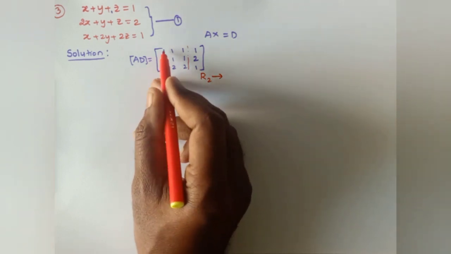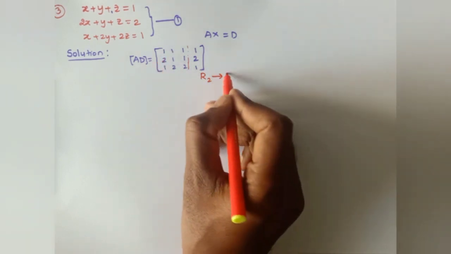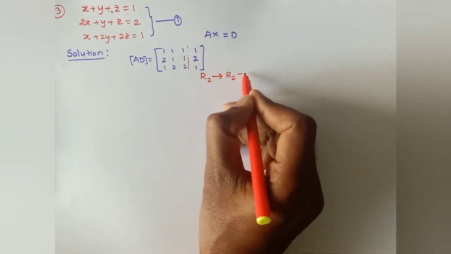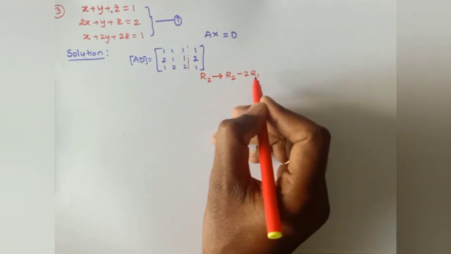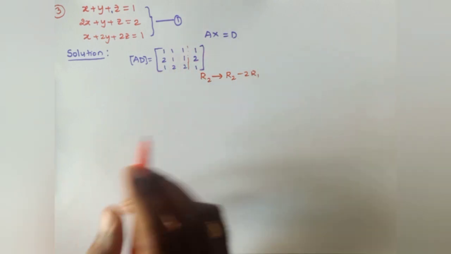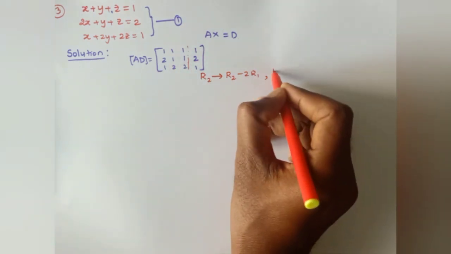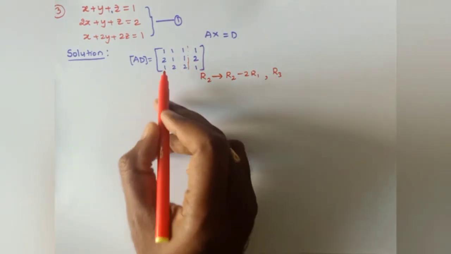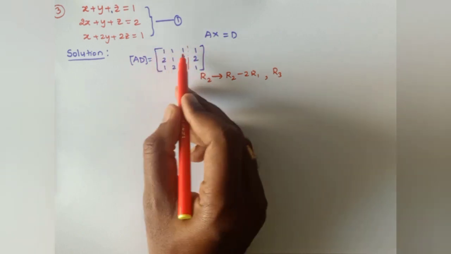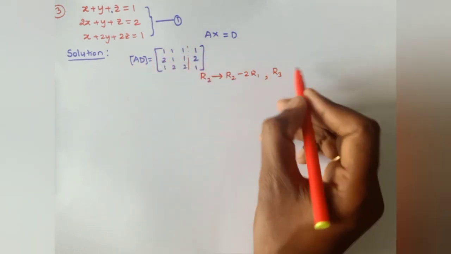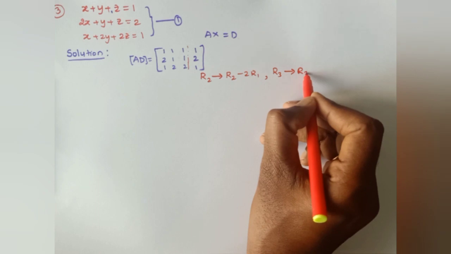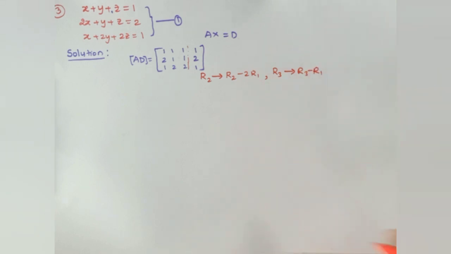To make this 0, you need to multiply with 2, so it is R2 minus 2 into R1. For R3, we multiply by 1, so it is R3 minus R1.